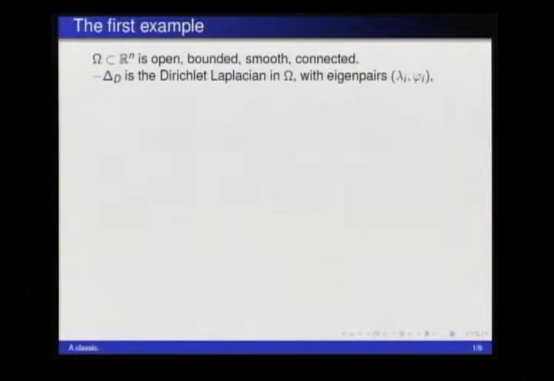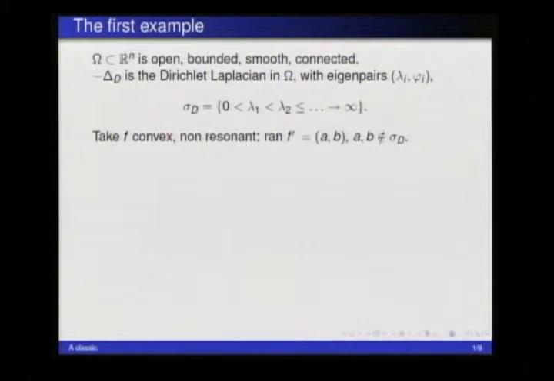Bounded domain, minus Laplacian, the eigenpairs, Dirichlet conditions. The spectrum is a bunch of positive numbers going to infinity. We take a nonlinearity which is convex with the derivative bounded in such a way that it's going to interact just with the smallest eigenvalue.